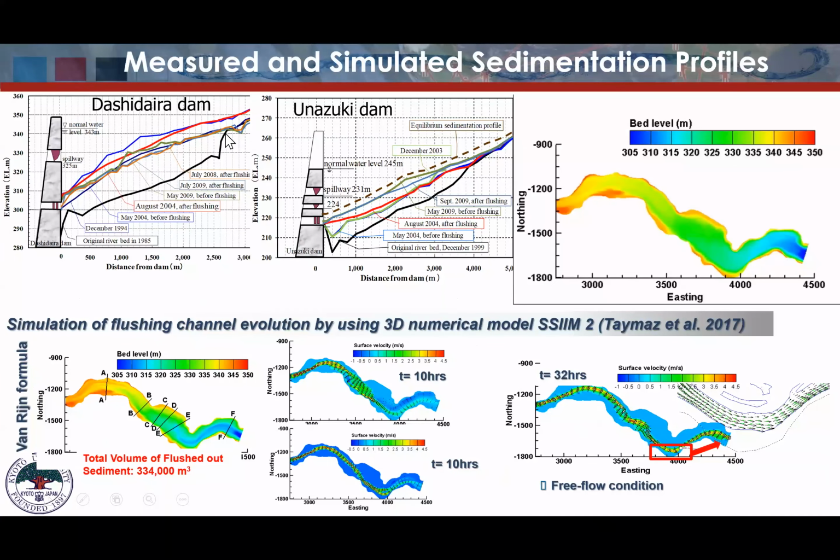These are the original bed, and before and after the sediment flushing, we are measuring the bathymetric survey, or the bed level as well. We also conducted numerical simulation to predict such change.